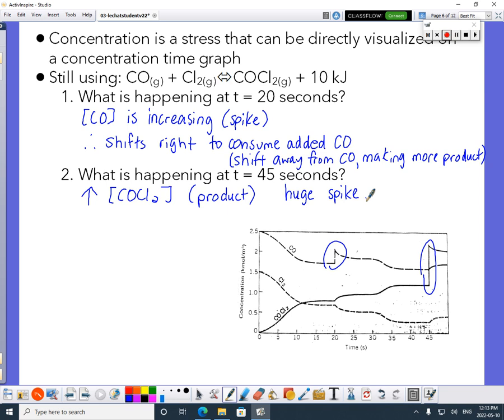You have to make more reactants to balance. So any of those explanations support a shift left or reverse.